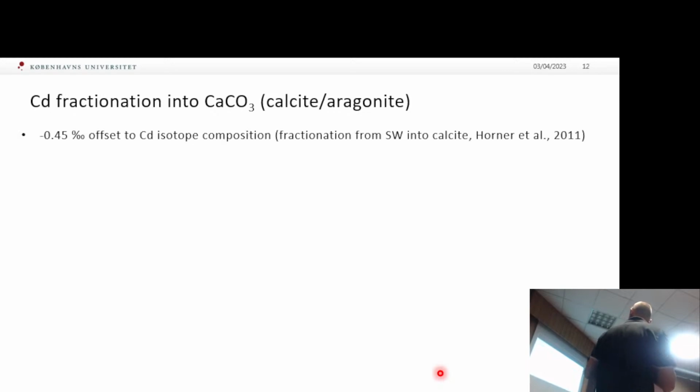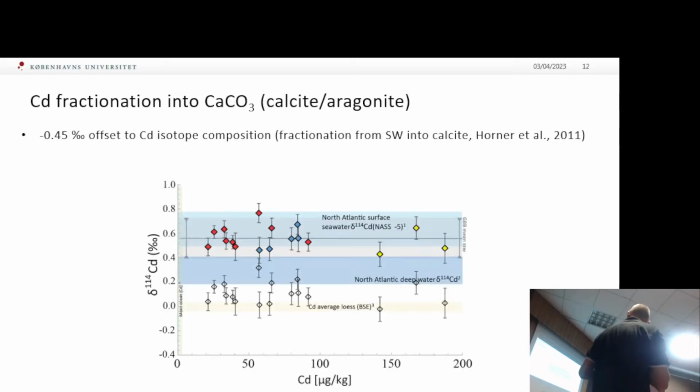So to read the cadmium isotopes, we need to know that there is an offset from seawater into calcite of 0.45 per mil, and this gives us this.